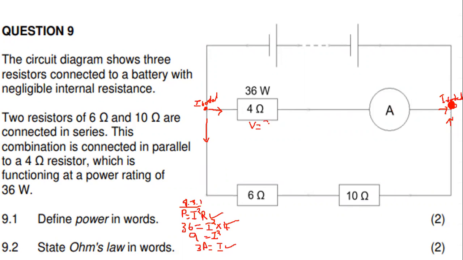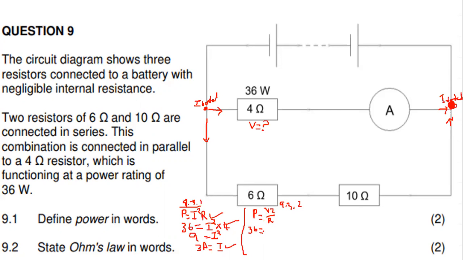We are looking for the value of V. Such a simple one to do as well, my dear learners. We know that power can also be given by V squared over R. So this is question 9.3.2. And I know my power, it's 36.